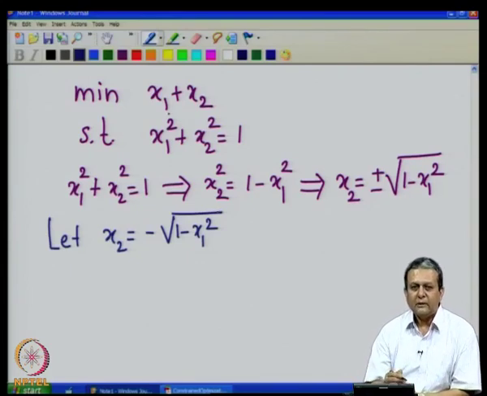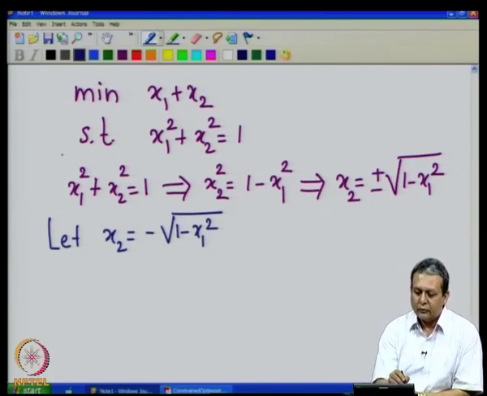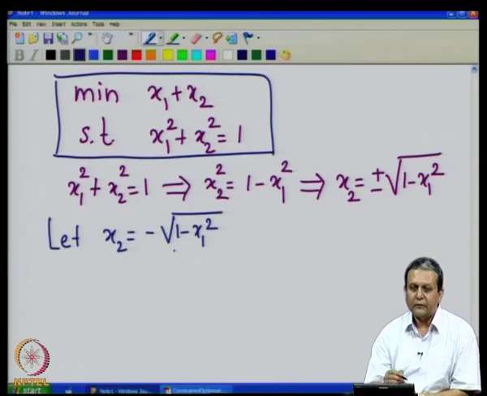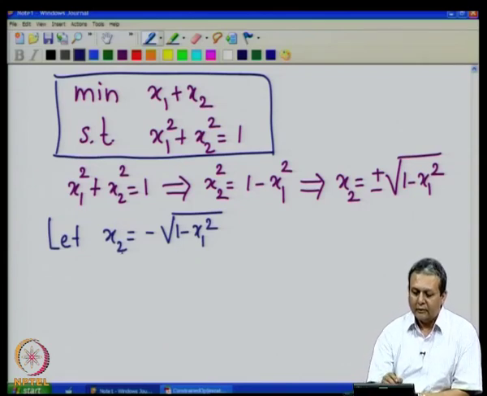This value of x2 was derived using the constraint, so we really do not have to worry about the constraint now.